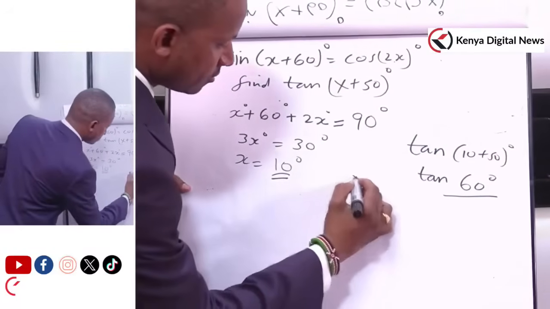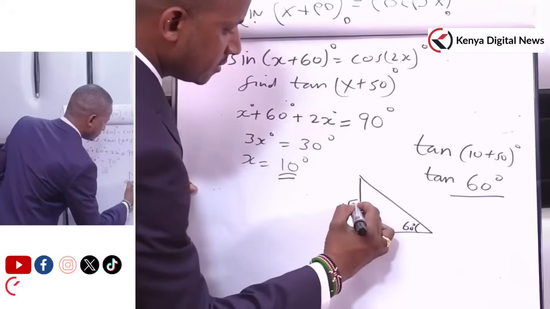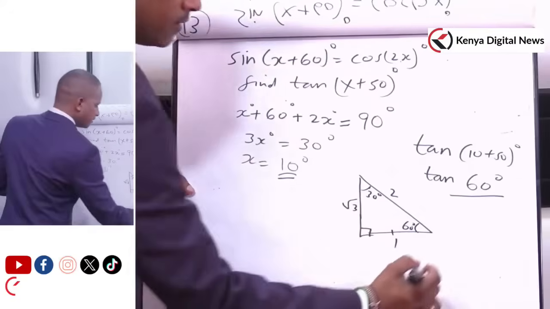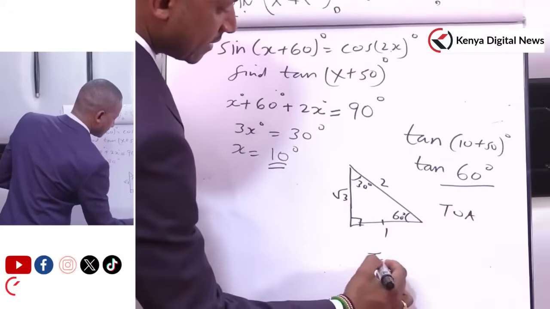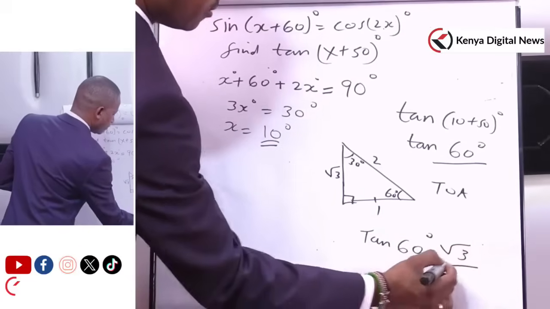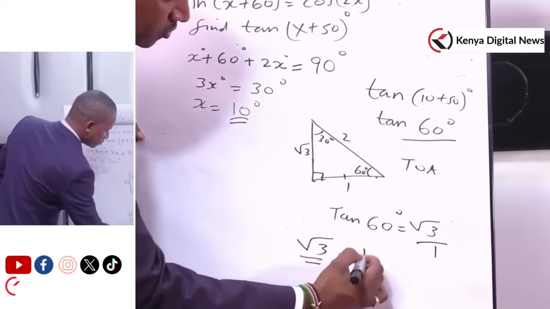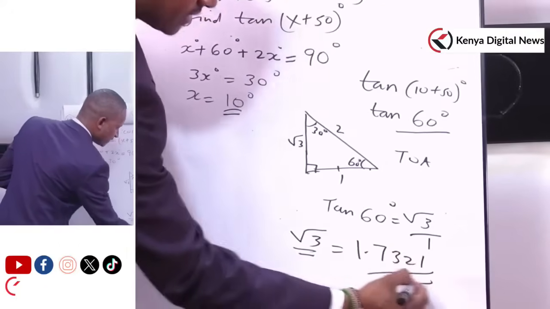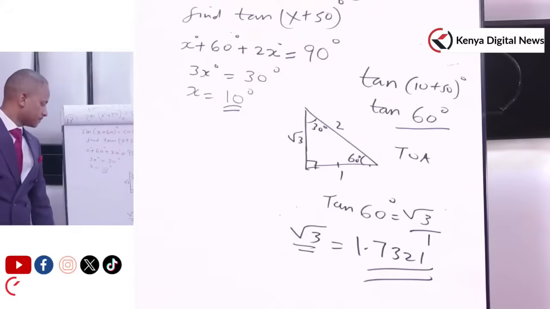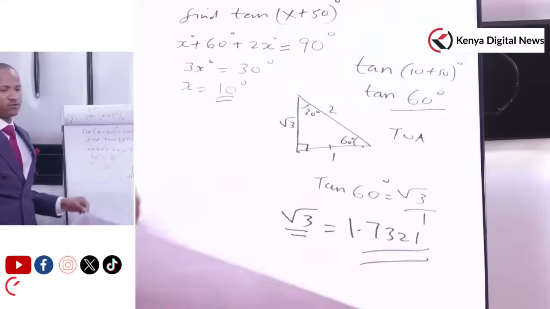If you draw this triangle, this is 60 degrees, with sides root 3, 2, 1, and this is 30 degrees. So SOHCAHTOA: tan 60 degrees equals opposite, which is root 3, over adjacent, which is 1. So the answer is root 3, which is equal to 1.7321. If you get the square root of 3 on your calculator, you will get that, but you can leave it in this form. So we have solved that question.